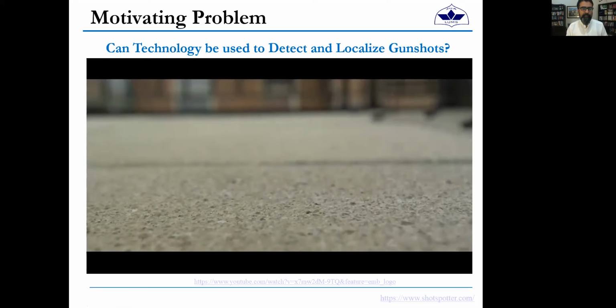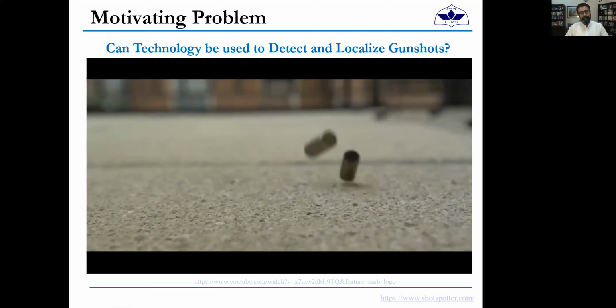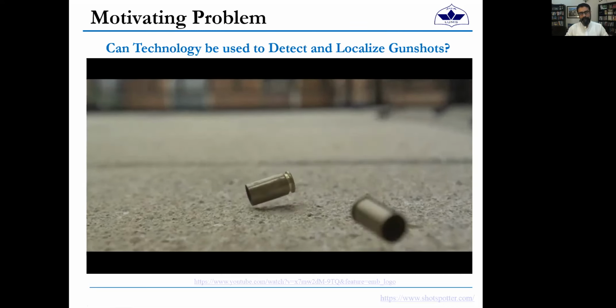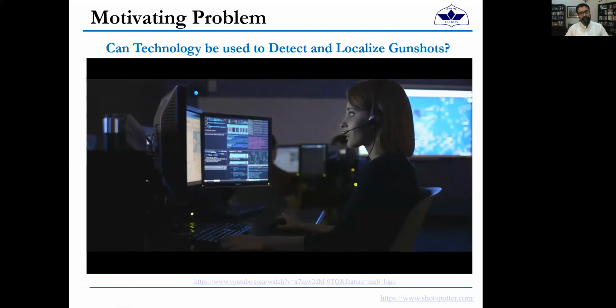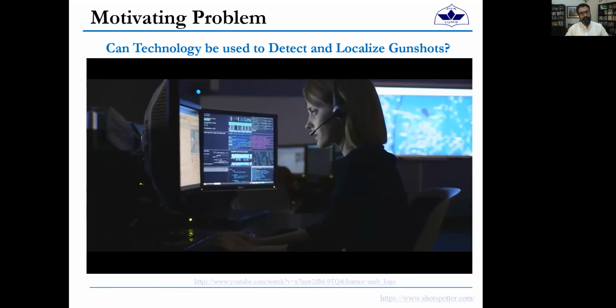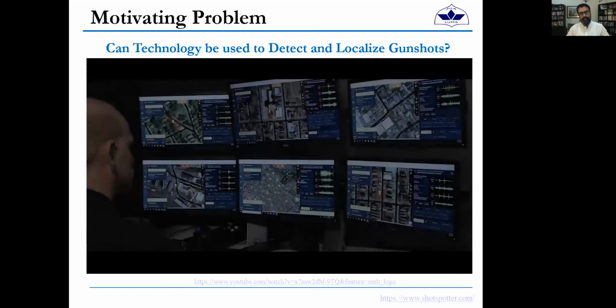A gun is fired somewhere in your city. So what happens now? In the past, there was a slim chance the shooting would be reported to police at all. Even when it was, it took precious time, and there was often confusion regarding the location of the shooting and other pertinent information. At least, that's how things were.